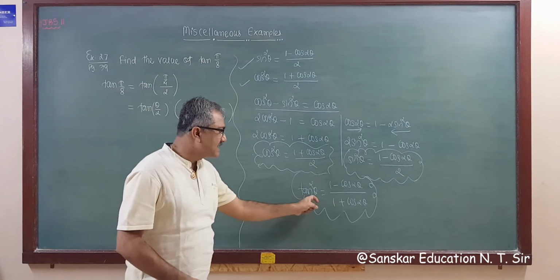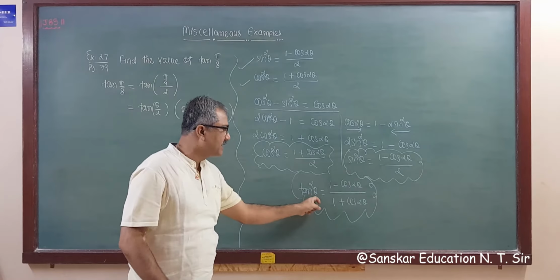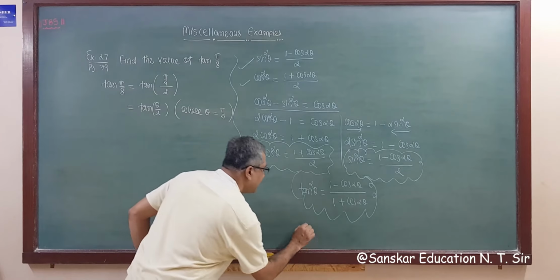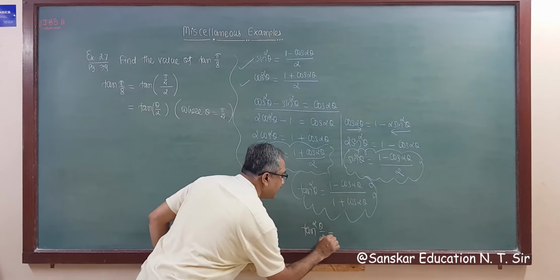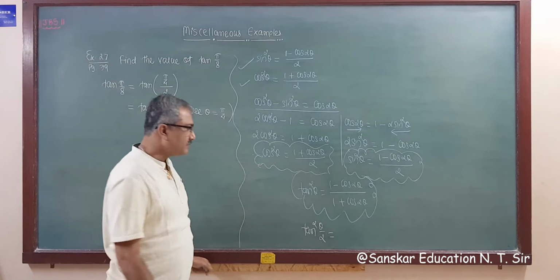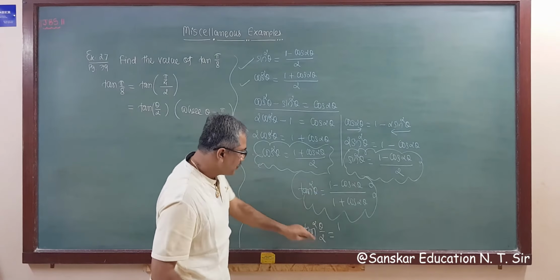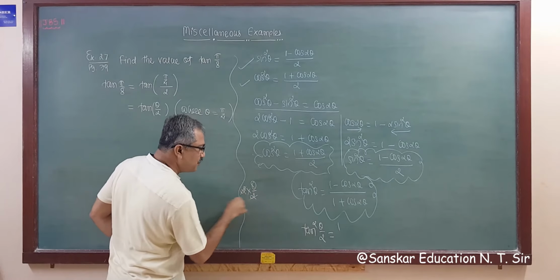If this is tan square theta, then the formula is 1 minus cos 2 theta. This becomes double. So if this is tan theta by 2, then tan square theta by 2 is equal to 1 minus cos, and theta by 2 becomes double, means theta. This 2 will cut.